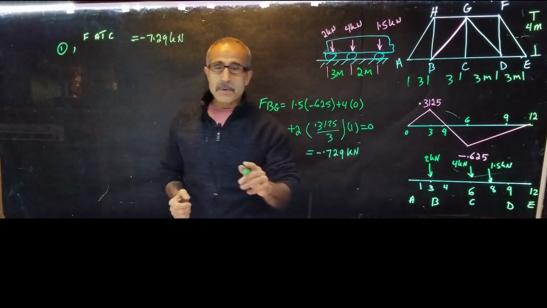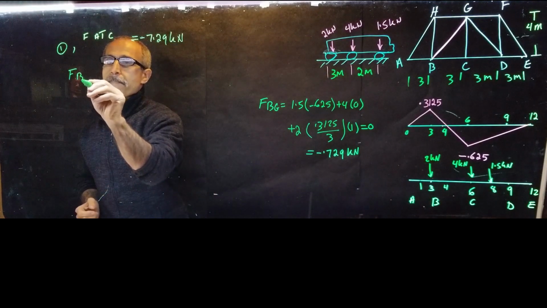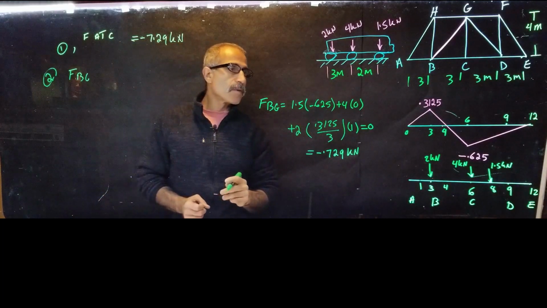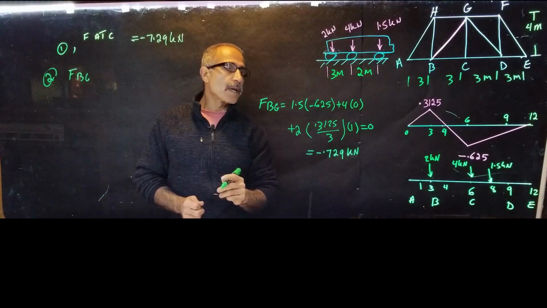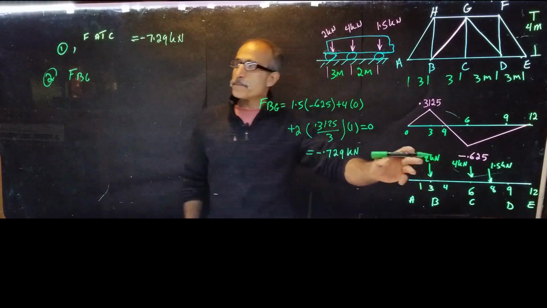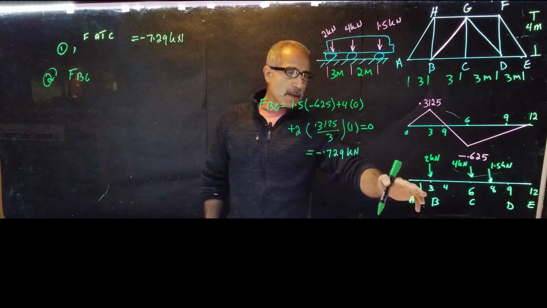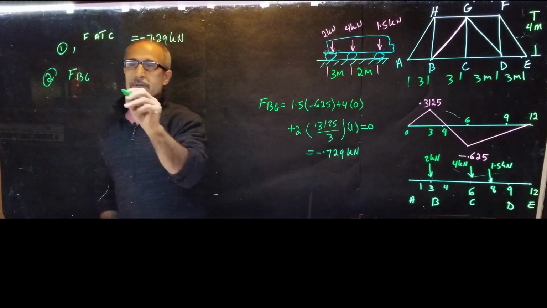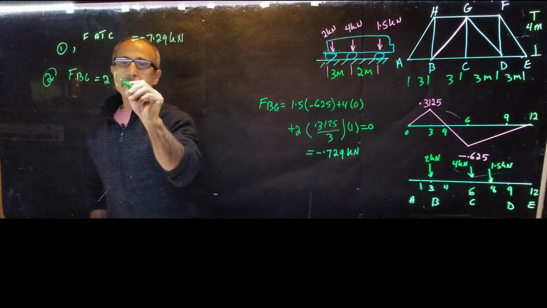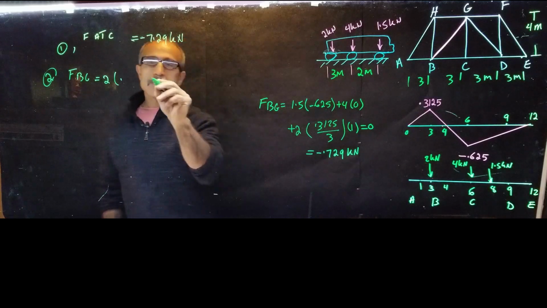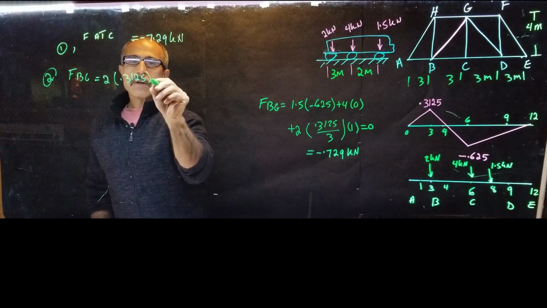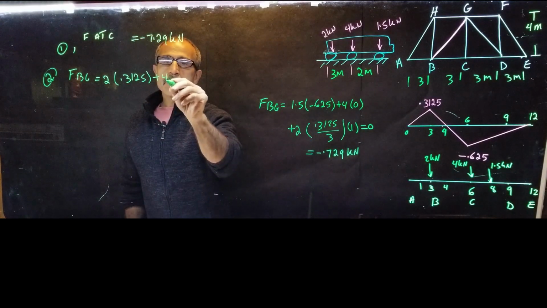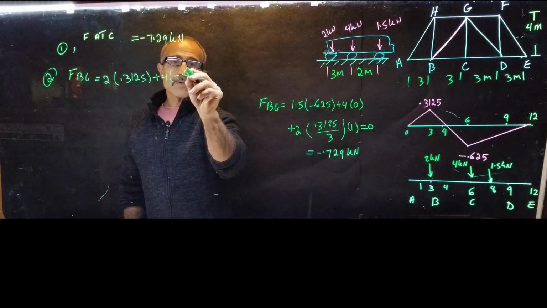So you're going to say, okay, F_BG for the second trial, which is the middle wheel at point C, is going to become 2 kilonewton, that's positive, so 2 times 0.3125, plus then we have the 4 at 6, which is minus 0.625.